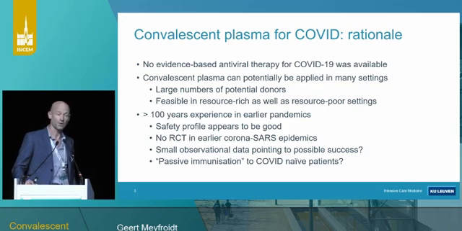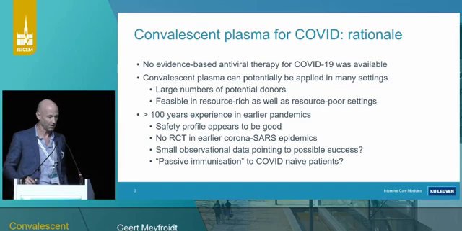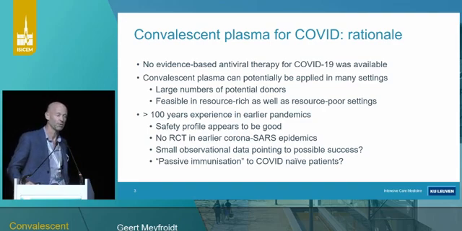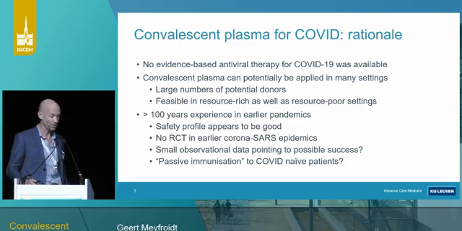The earlier SARS pandemic unfortunately resulted in no RCT, because the pandemic was over before they could do that. There's some small observational studies pointing to a possible success, and so maybe the therapy could offer a form of passive immunization to a COVID-naive patient who didn't have the time yet to make his own antibodies.